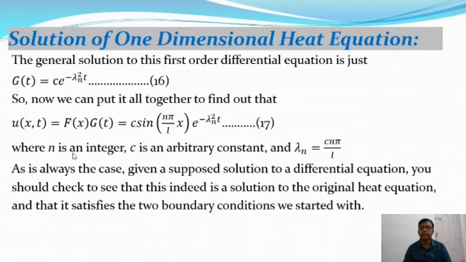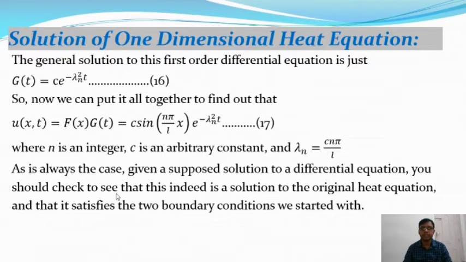Here n is any integer, either positive or negative, and c is an arbitrary constant, and lambda is equal to n pi by l. This is the solution of the given differential equation, the one dimensional heat equation.